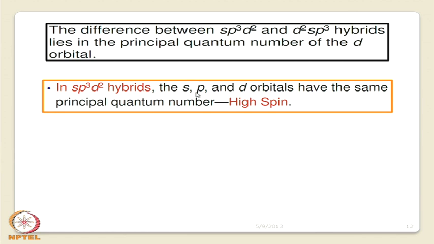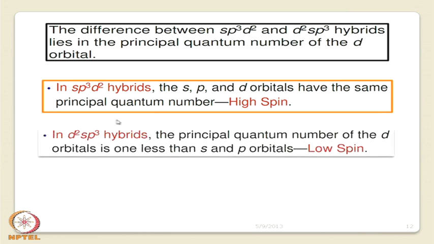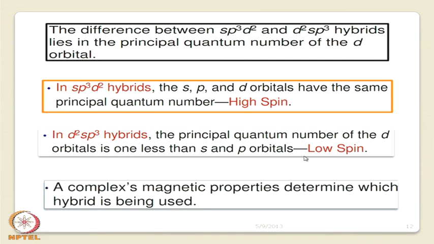In sp3d2, the s, p and d orbitals have the same principal quantum number, and we have the high spin case. When one of them has one less, that means s and p are of the 4th level and the d is from the 3rd level, we get the corresponding low spin configuration. Thus a complex's magnetic properties determine which hybrid is used. When the magnetic moment is high, that means a high spin compound, we utilize sp3d2 hybridization.